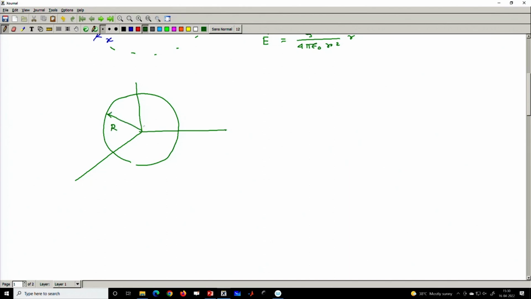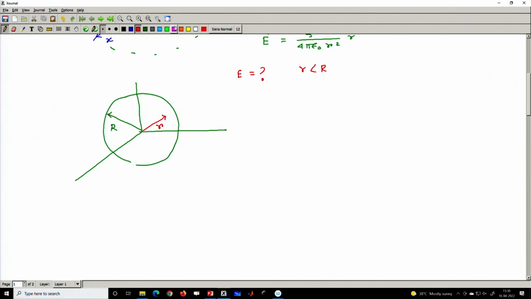Now my point is not outside but inside, at r. So the question is, what should be the value of E at this point under the condition that r is now less than big R.